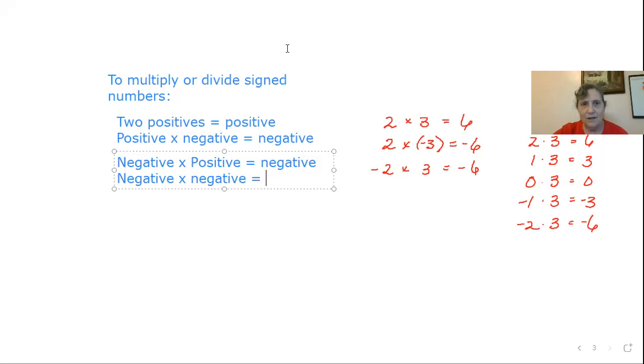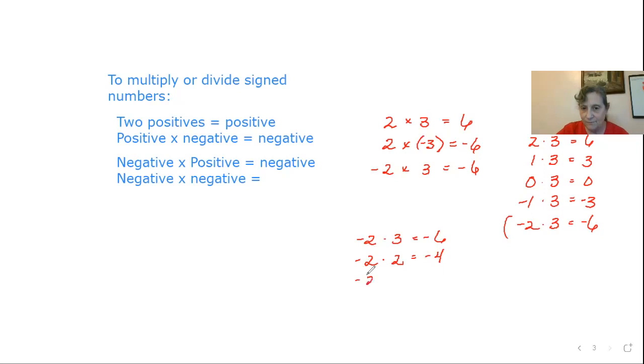If we know from here that -2 times a +3 is a -6, and -2 times a +2 would therefore be a -4, right? -2 times 1 has to be -2. Anything times 1 is itself. -2 times 0 is going to be 0, because anything multiplied by 0 is 0.